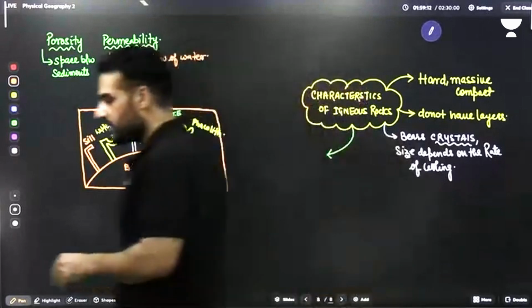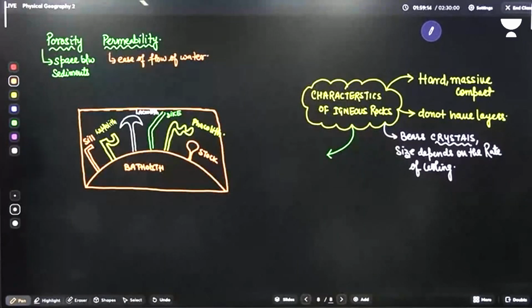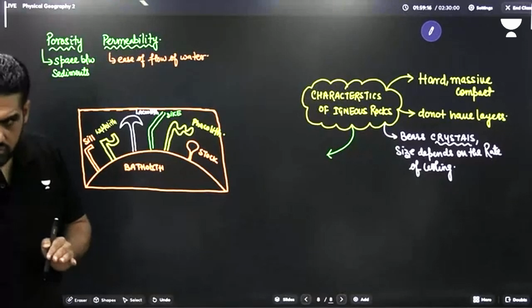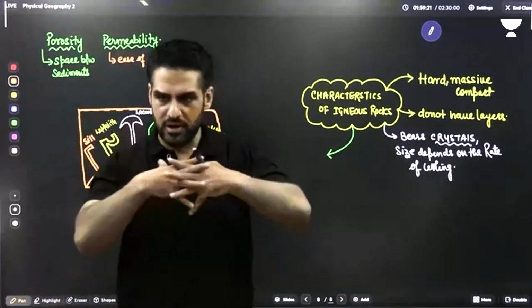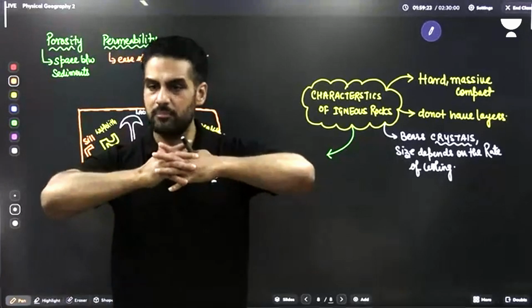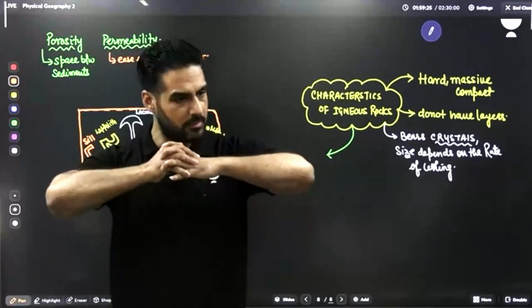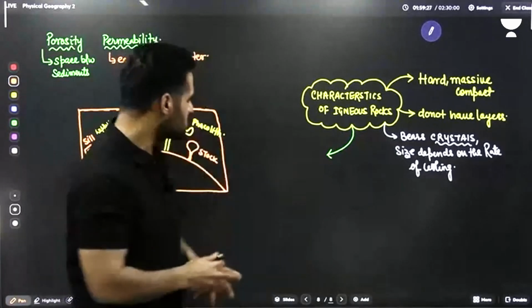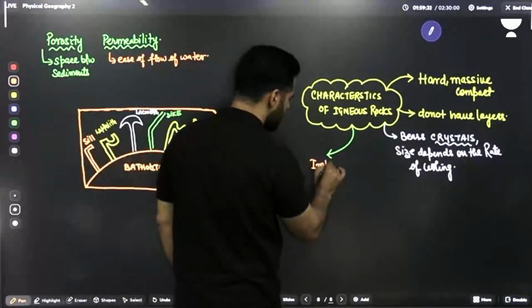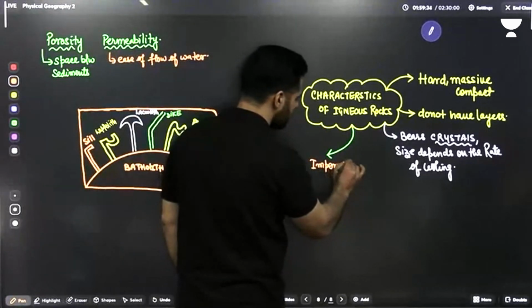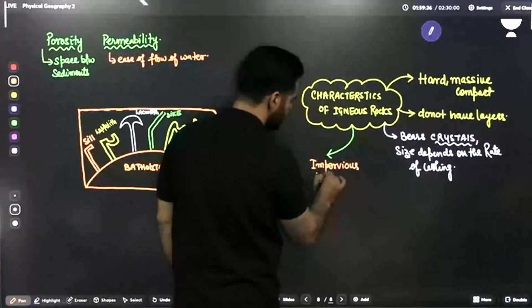No. So generally igneous rock does not bear pores, but remember there are pores. But why are pores not acting there? Because due to rapid cooling, these pores get completely blocked. So we said these rocks are impervious in nature.